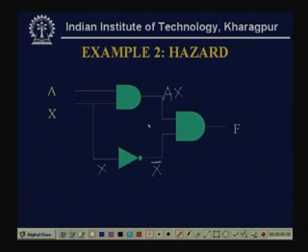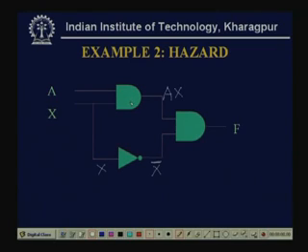Now, what will happen if the delays of this AND gate and the delays of this inverter are the same or different, because the output of the first AND gate and the output of the inverter are the two simultaneous inputs of the next AND gate.